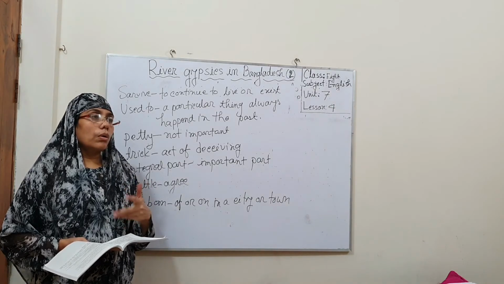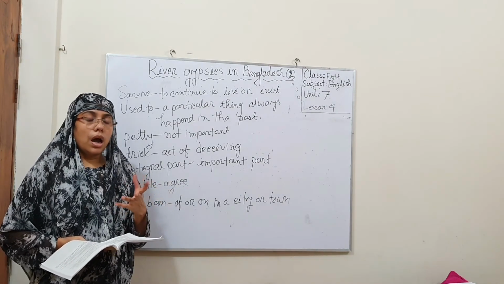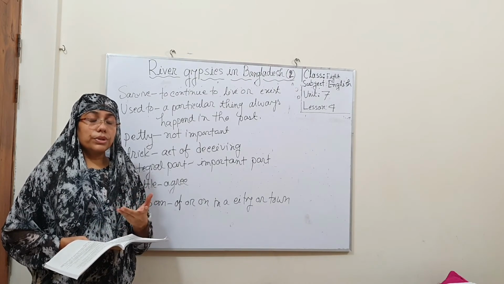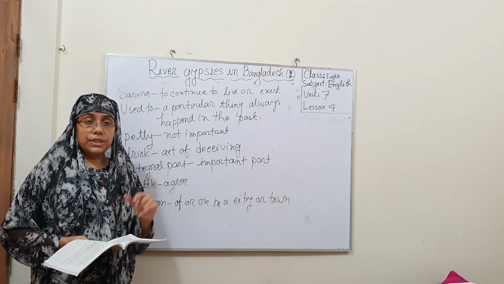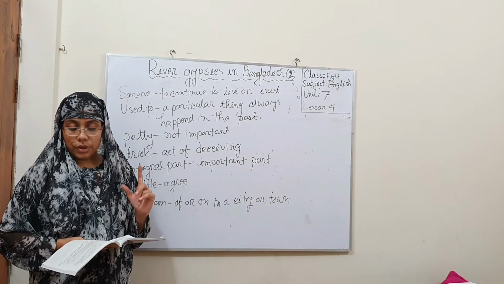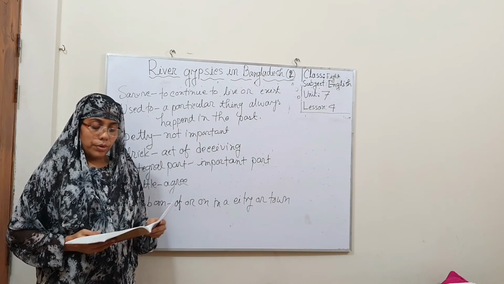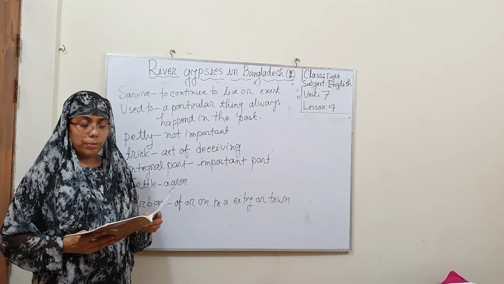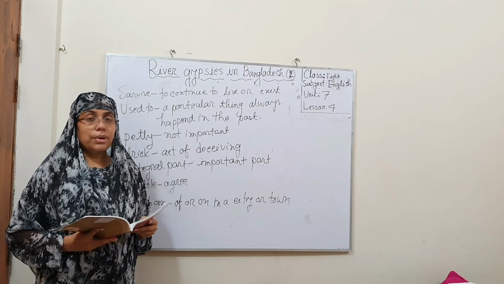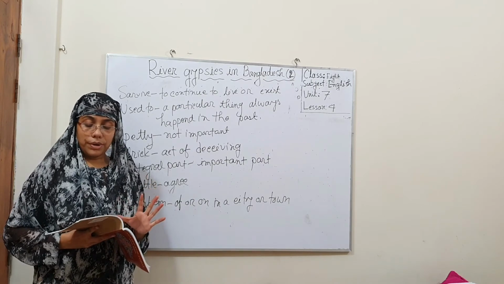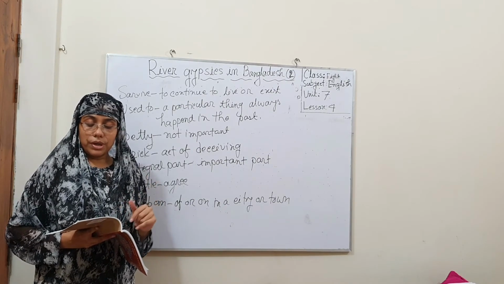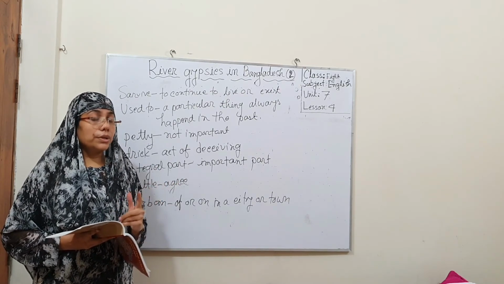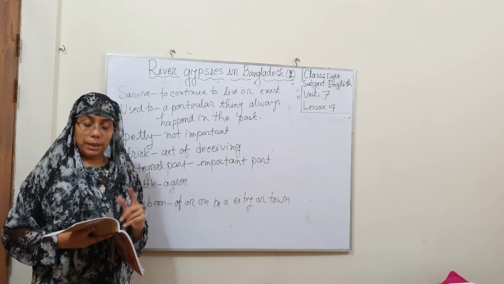As all of the situations are changing, they cannot cope with the changing situation, so they have decided to change their lifestyle. Number 4, why cannot river gypsy children go to conventional schools? Yes, it is a very easy and simple matter that river gypsy children cannot go to conventional schools because they don't have any permanent living place.